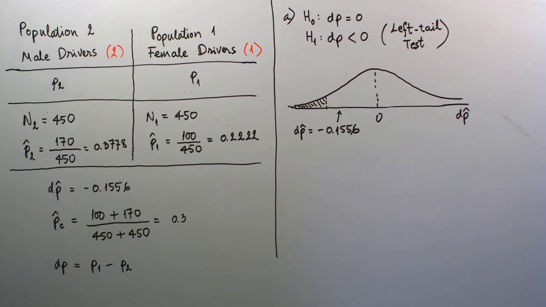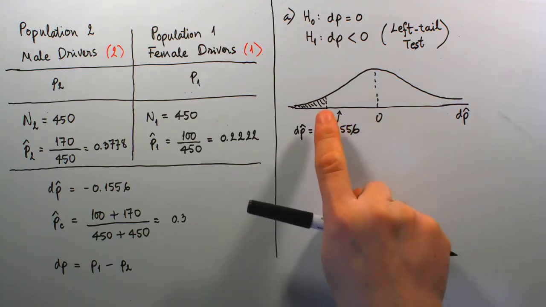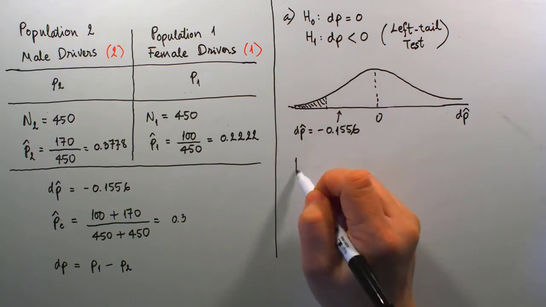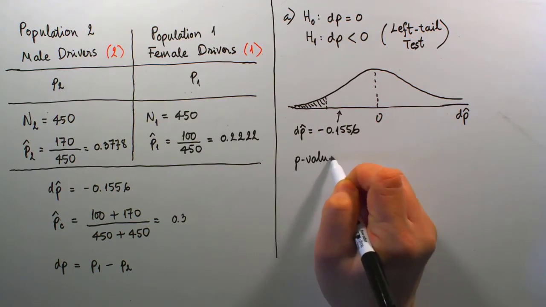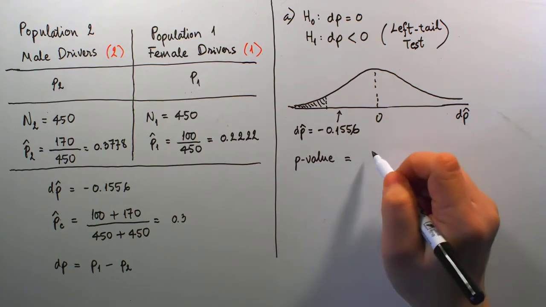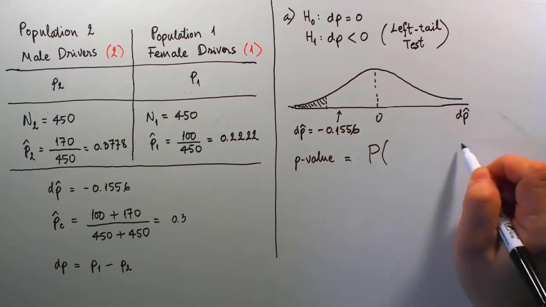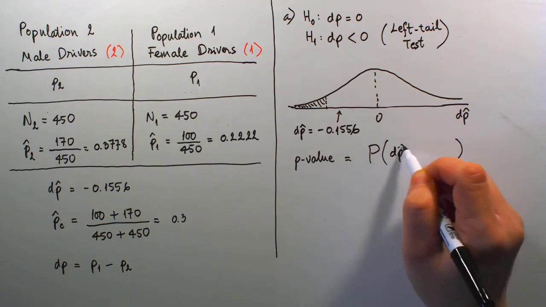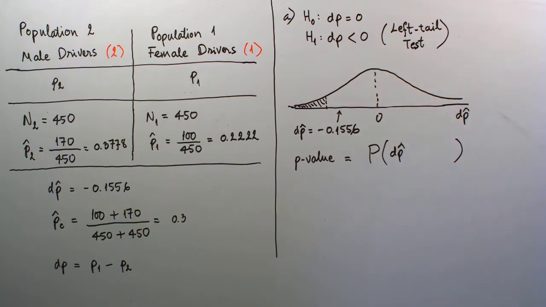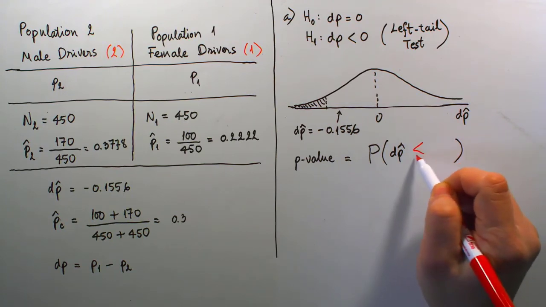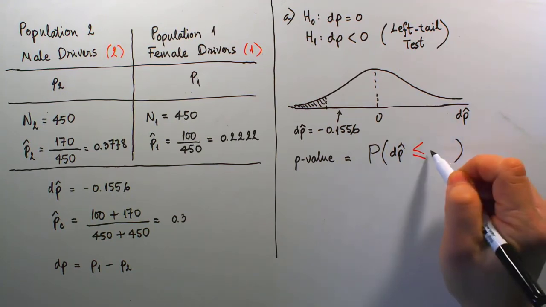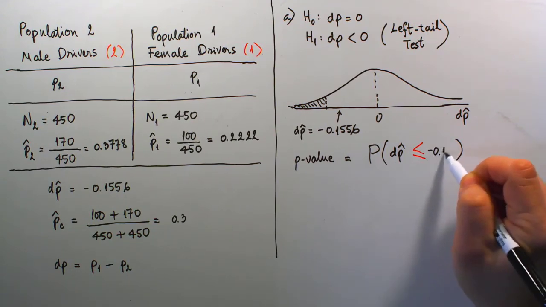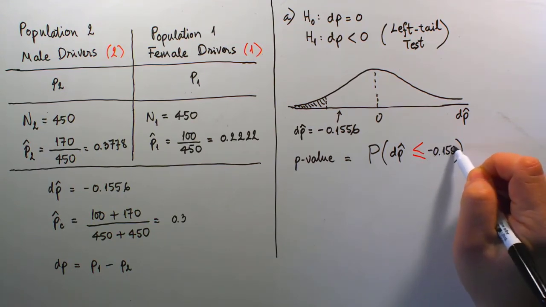And so in that way it will make perfect sense that calculating the P value for our sample will be set up as the probability that on this bell curve we're going to find a dP hat being this time less than or equal to our sample value, which was already known to be negative 0.1556.